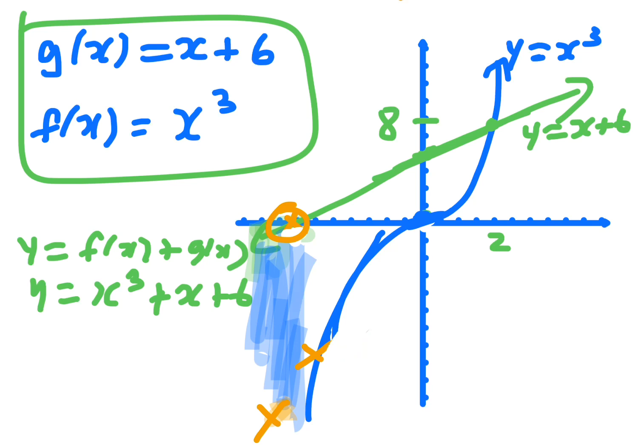Okay, so the question is, at what point does that blue graph equal what's under the green graph? So let's just draw a line to where we think maybe, possibly, there and there. You can see they're nearly the same. So if we come back up here, that's where they're nearly the same.